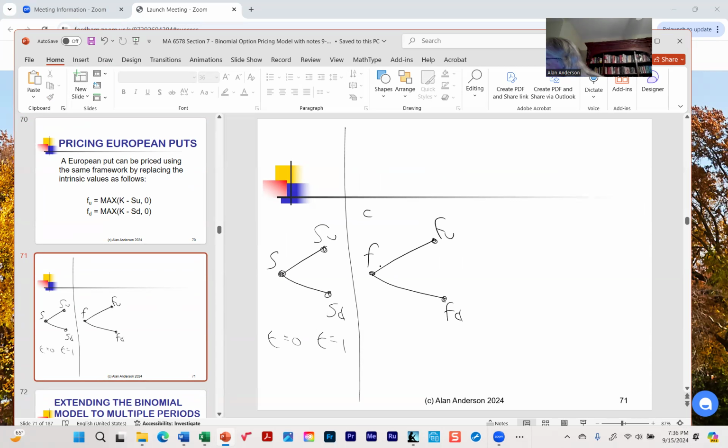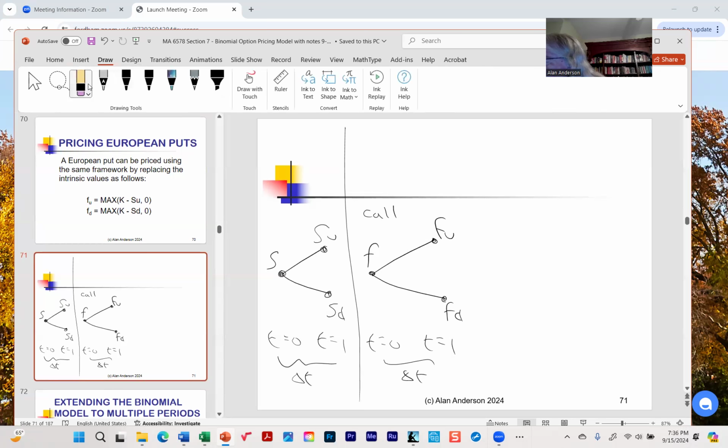Now I'm assuming that this is a call, and it's a one period model, which means that this is the maturity date of the option. That implies that the option's value in this time step is equal to the payoff.